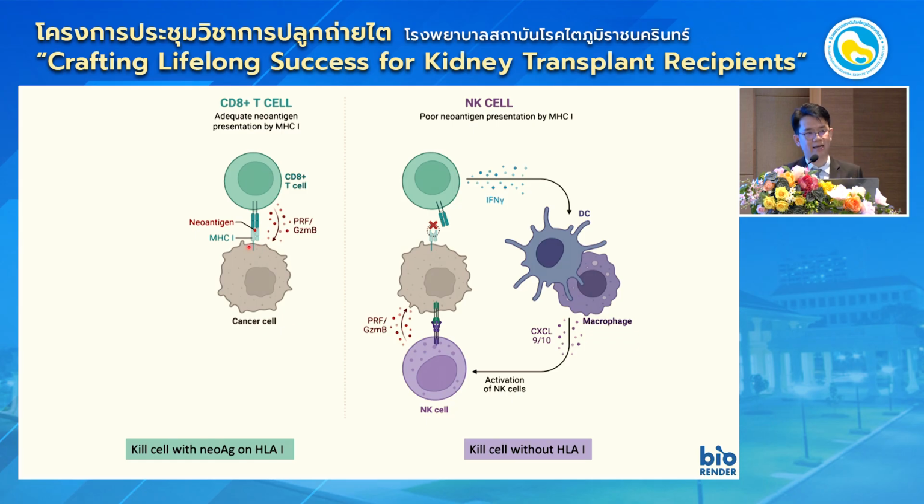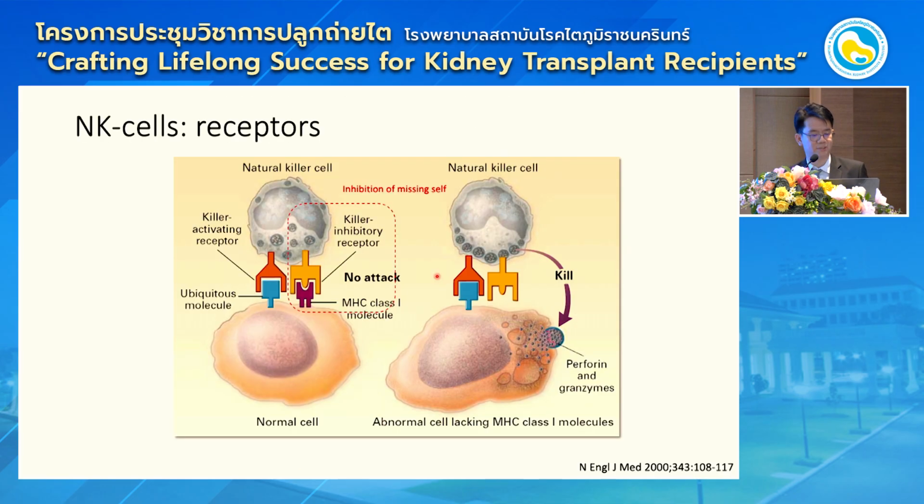If they show HLA class 1, the cell that can come and kill this cancer cell will be the CD8 cytotoxic T cell. But if the cancer cell does not show HLA class 1, it's time for the NK cell to clean it up, because this is called the missing-self cell, meaning the cell that does not show HLA class 1, and the NK cell will target and kill this kind of cell.